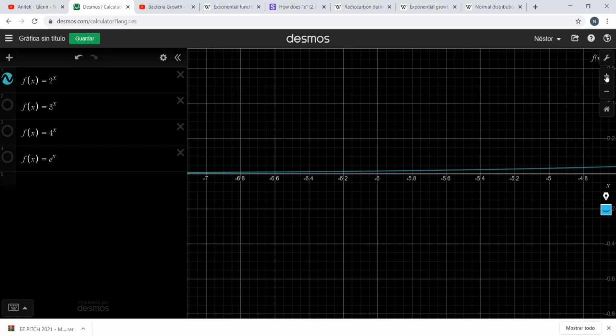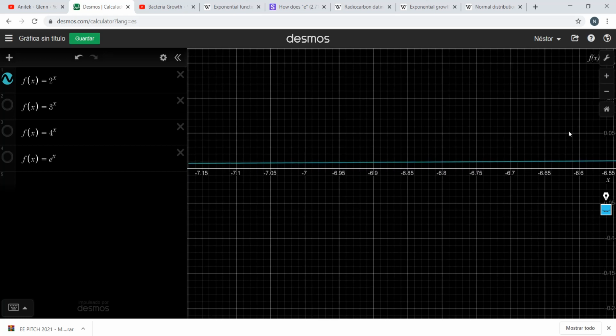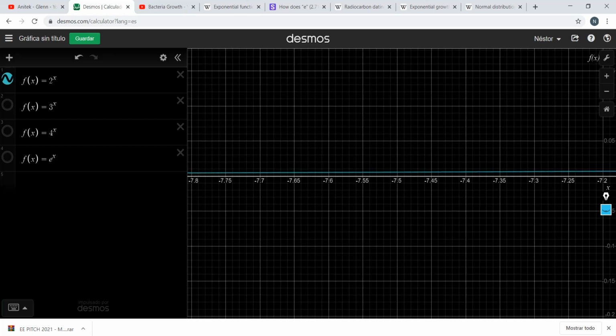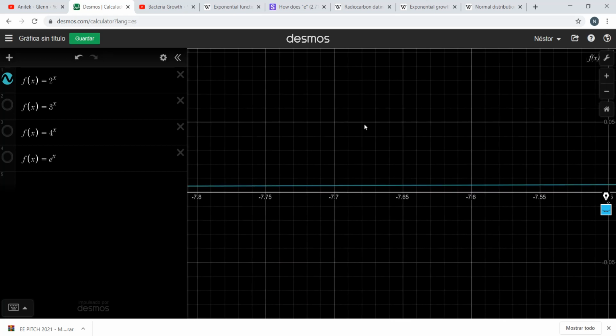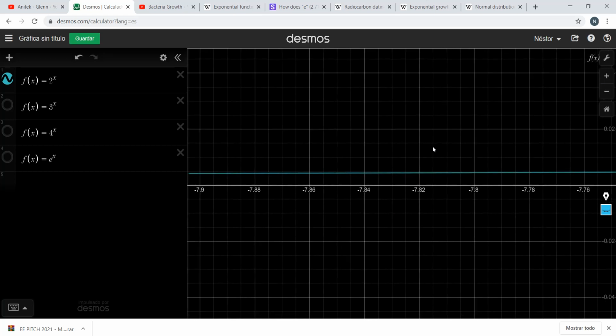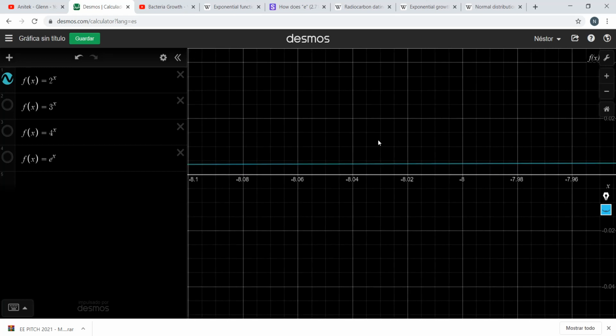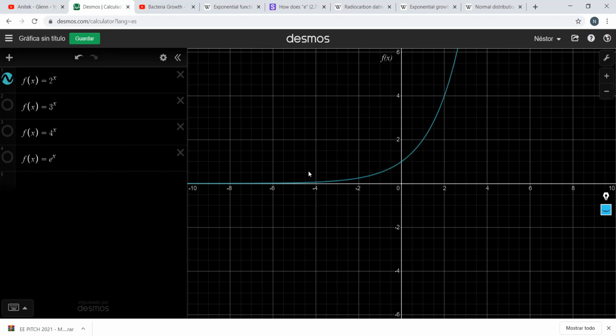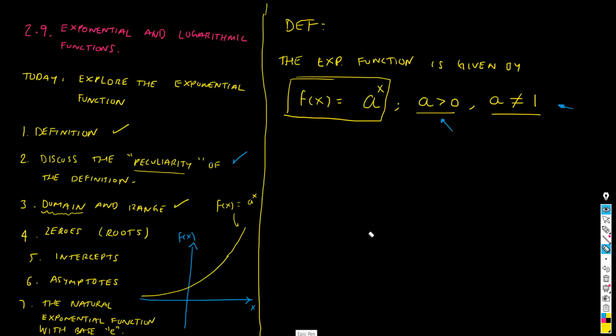No matter how much you zoom, the blue line never touches the x-axis. And remember that the zeros of a function are those numbers on the x-axis that the graph cuts. It never really touches such line. So basically this function has no zeros, no roots. Done.